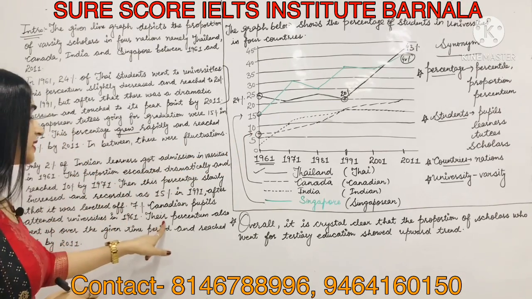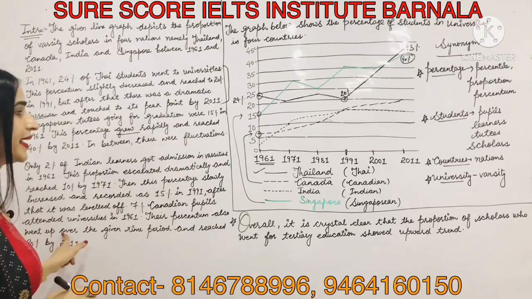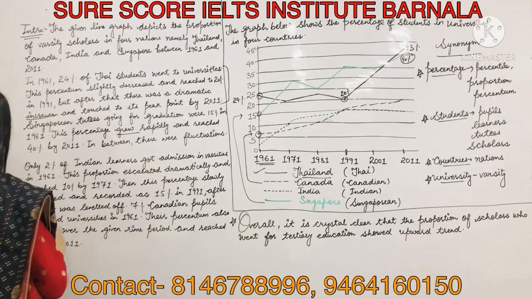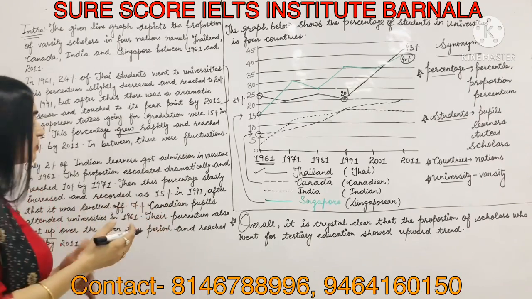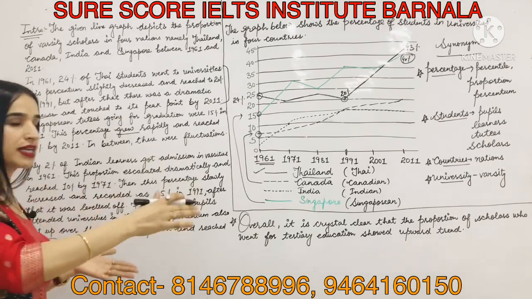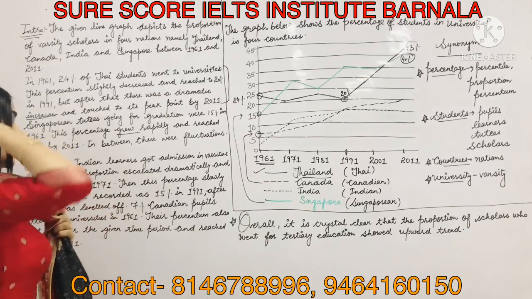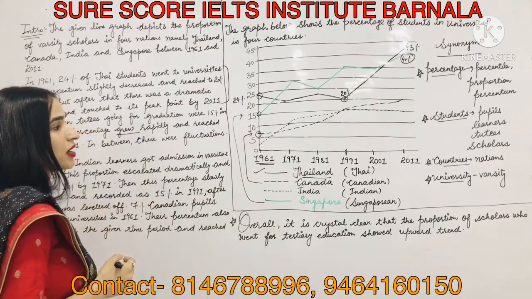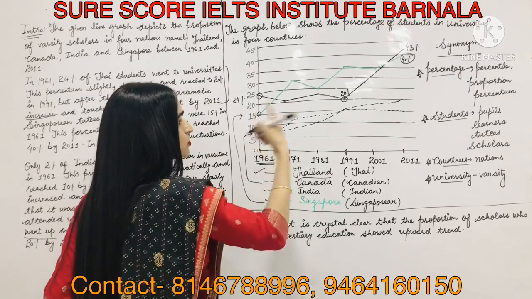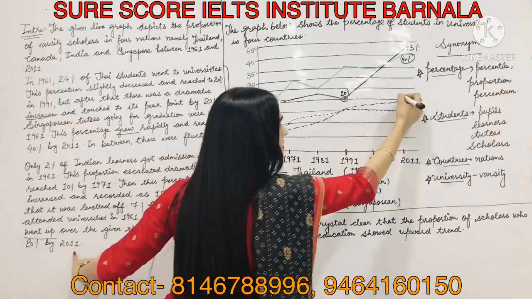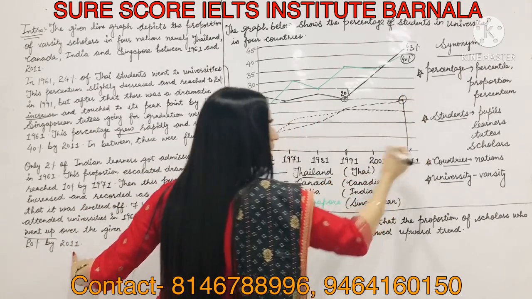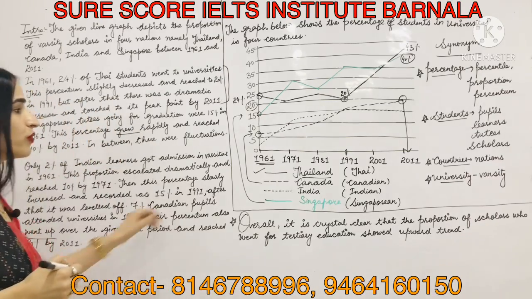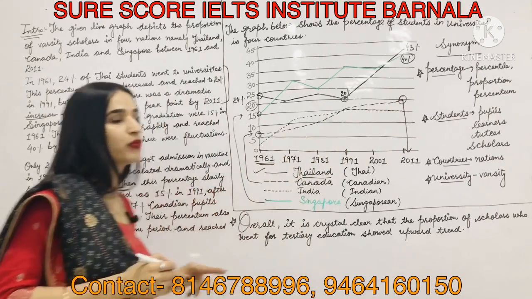After that their percentage also went up. Now we are not using the same word increase here, we are using "went up" over the given time period, and reached 20% by 2011. You have to check here, 20% by 2011. So overall the trend was again an upward trend.